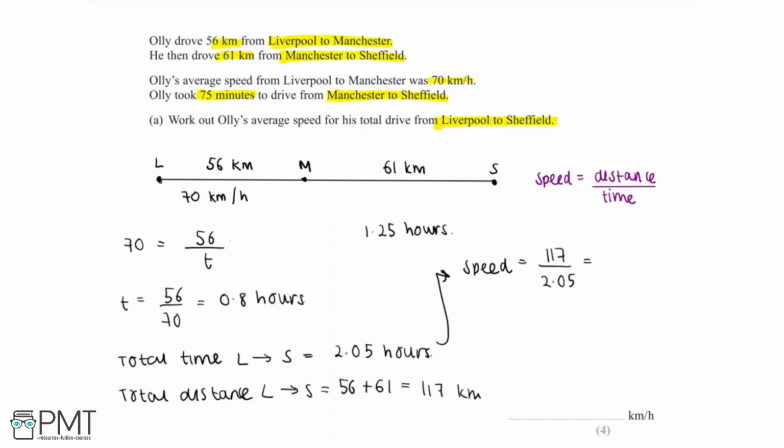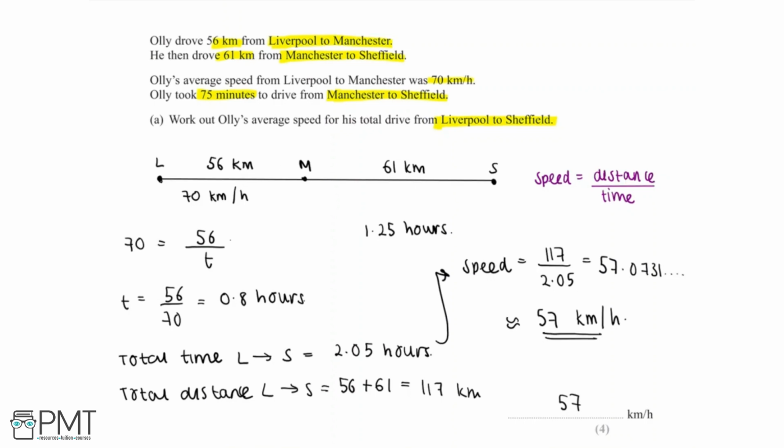And so plugging this into our calculator, we'll get 117 divided by 2.05 equals 57.0731, etc., etc. So now let's round this to two significant figures. And so we can say that the speed is approximately 57 kilometres per hour, which we can write down in the answer box just below.